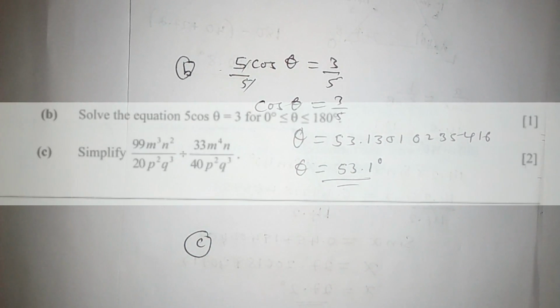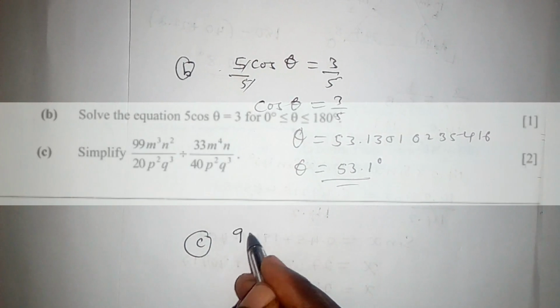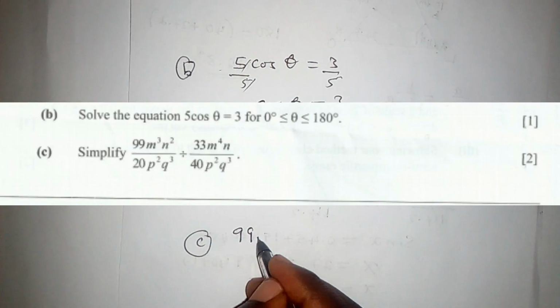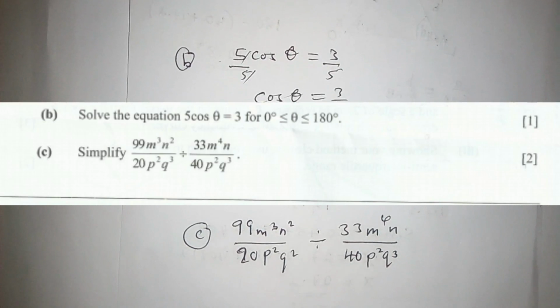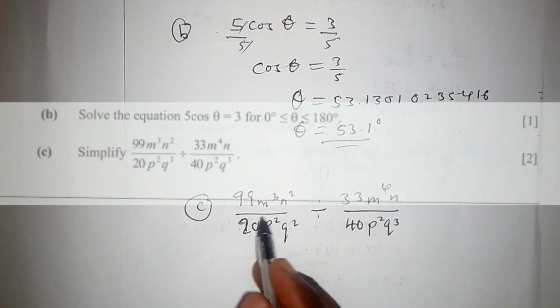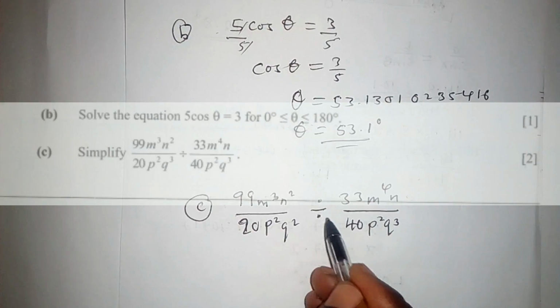For C, you've been given something like this, 99 m. So for this one, the first thing is to understand it's division in here.